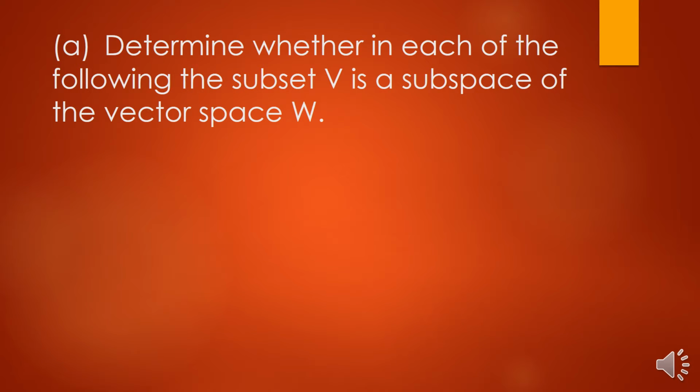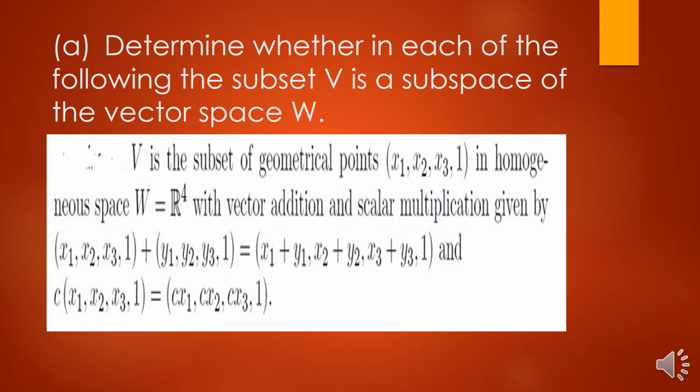When we come to our question, to determine whether in each of the following, subset V is a subspace of a vector space W. V is a subset of geometrical points (x1, x2, x3, 1) in homogeneous space W equal to R4, with vector addition and scalar multiplication given by (x1, x2, x3, 1) plus (y1, y2, y3, 1) equal to (x1 plus y1, x2 plus y2, x3 plus y3, 1).